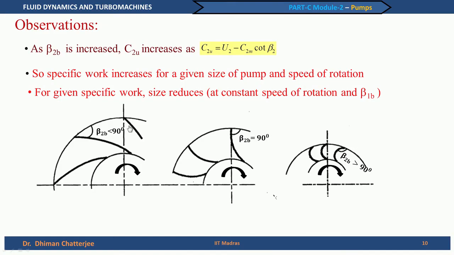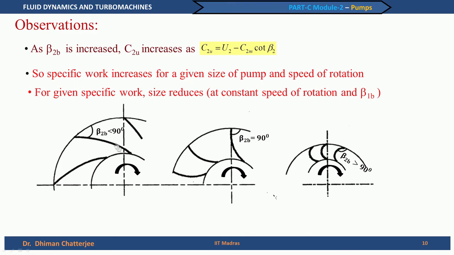I want to keep the product u2 C2u constant, since the specific work is constant. Then what happens? If C2u increases, u2 has to reduce. If the speed of rotation is kept constant, the diameter has to reduce and we get very compact blades.